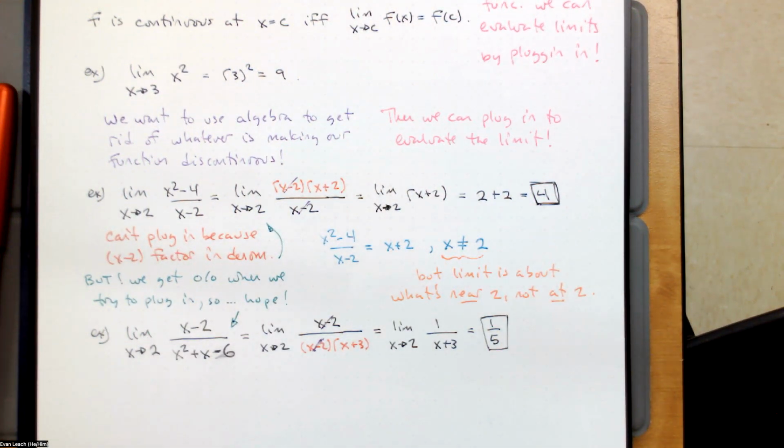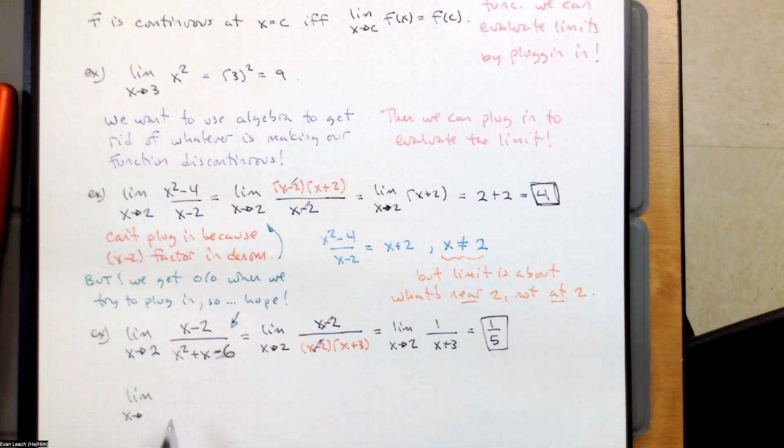That 0 over 0 in a rational function means there's a common factor in the numerator and denominator we need to get rid of. We've got to be careful how we summarize things. We can't just say, oh, if we can cancel a factor, then we just need to plug in.